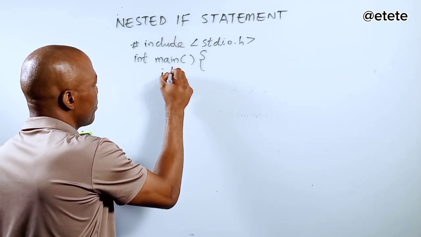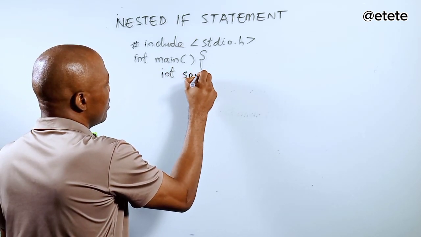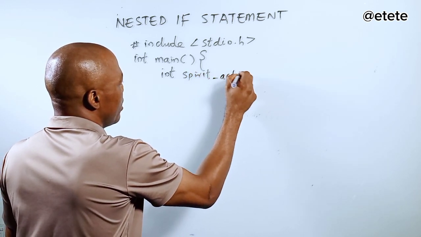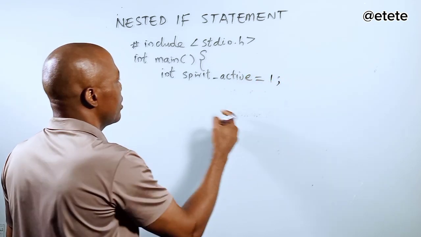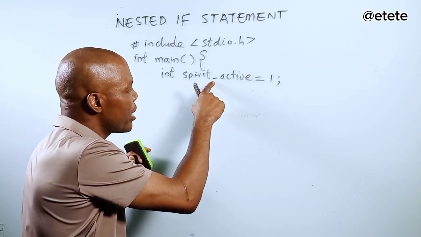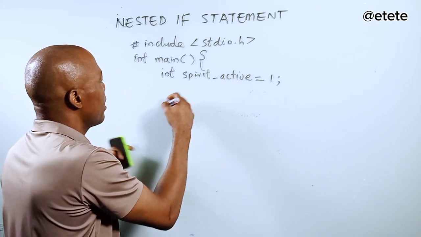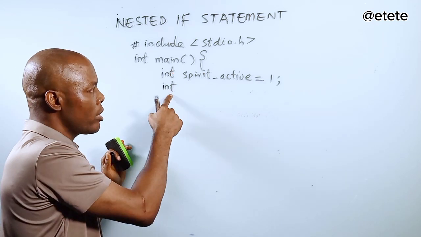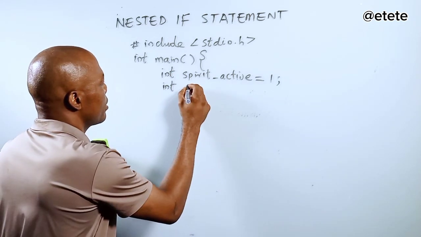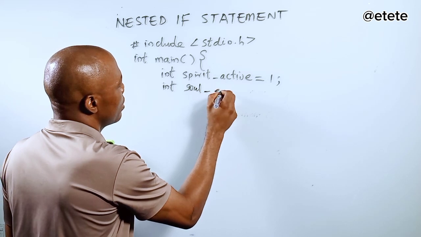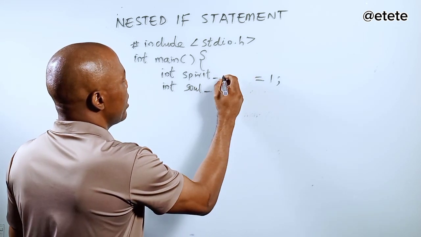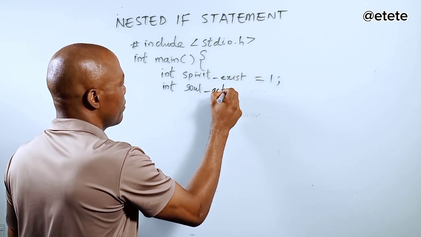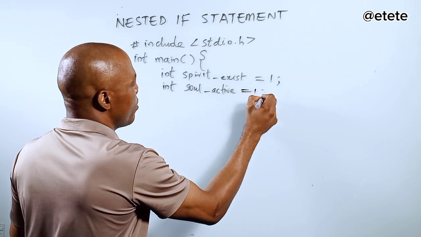So int spirit_exists, then I will assign one to it. So spirit_exists, this is a variable. This underscore is joining spirit and exists together. Okay, so I will declare another variable in the integer realm. Then I will say soul_active, then I will assign one to it.